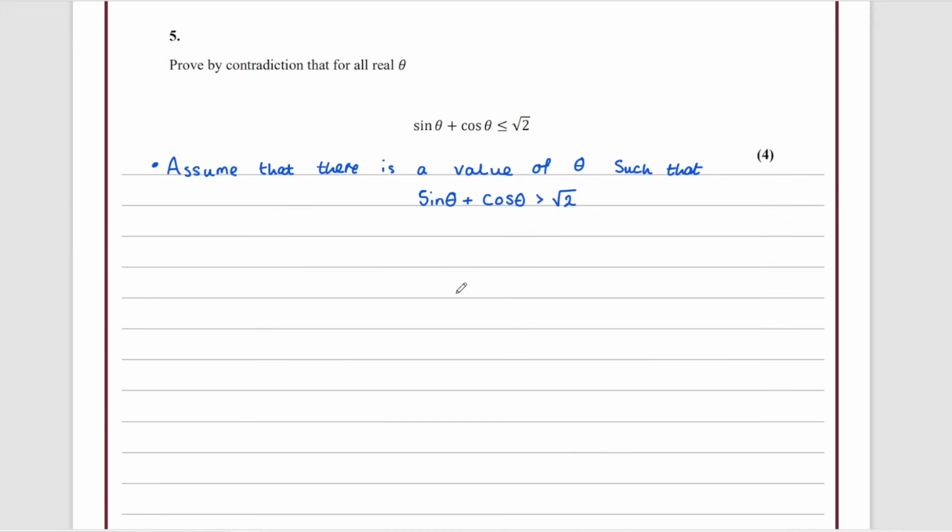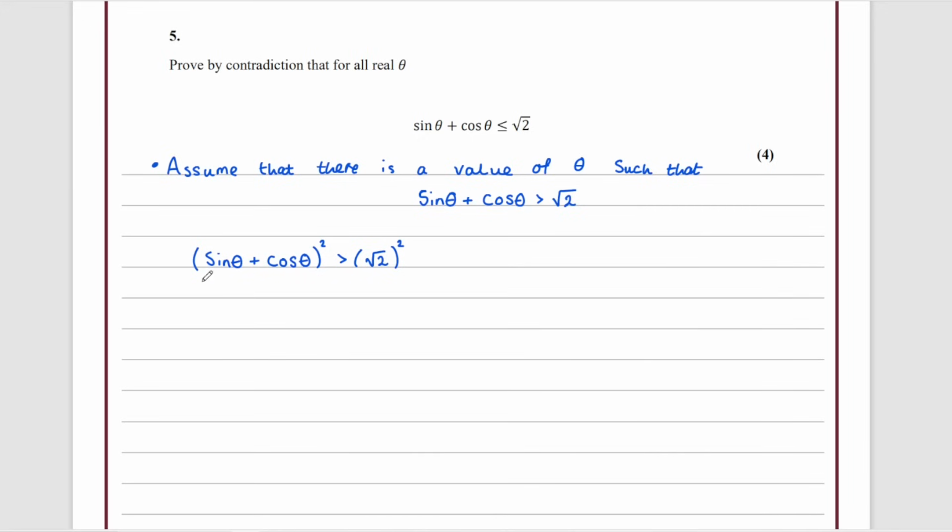Okay. Now, rather than working with a square root here or a surd, so root 2, we're going to square both sides to begin with. So sine theta plus cos theta all squared is strictly greater than root 2 all squared. That's sine theta plus cos theta multiplied by sine theta plus cos theta.